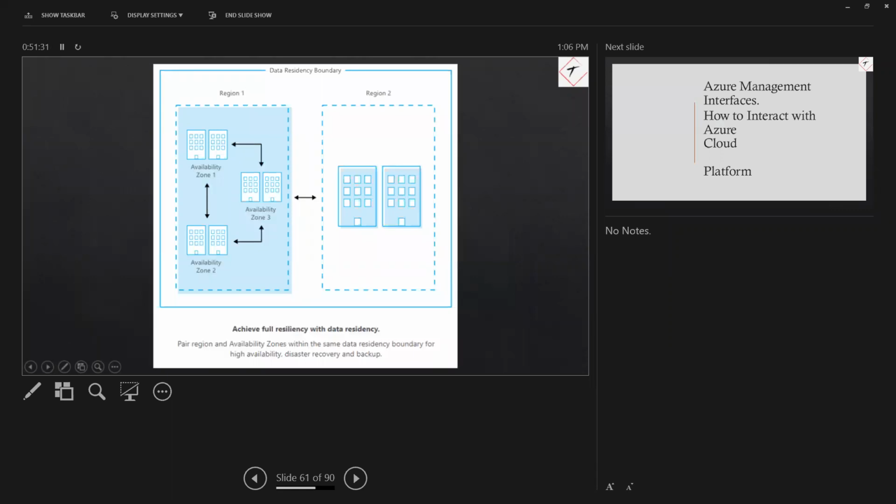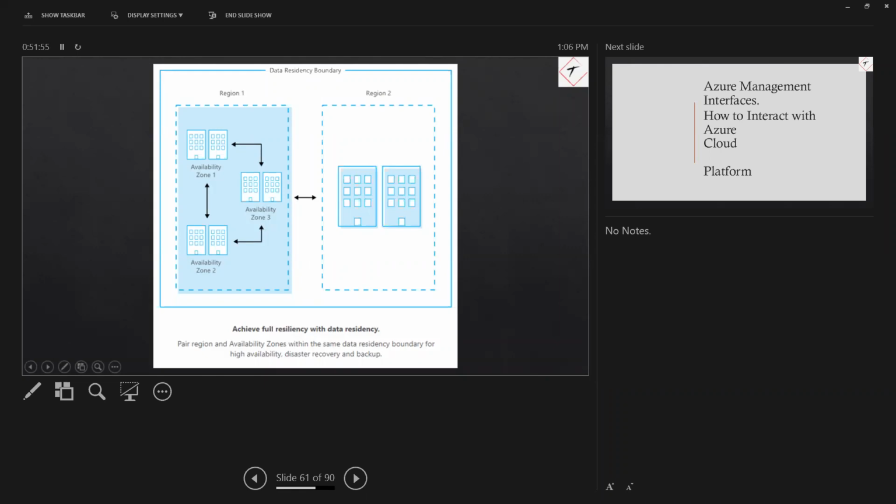So let us see an example here. We have a region one and region two. So your data is in these two regions. You can have this data paired within region one into different availability zones. These are again physically separated with different power, network, and cooling.